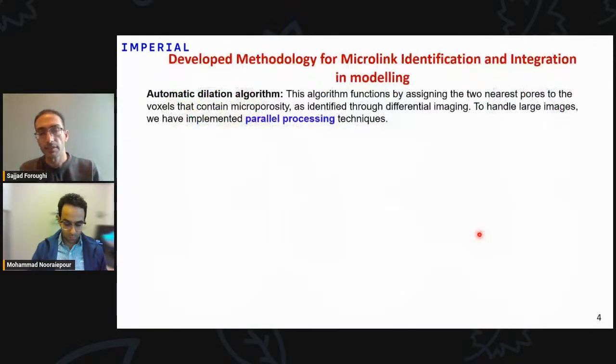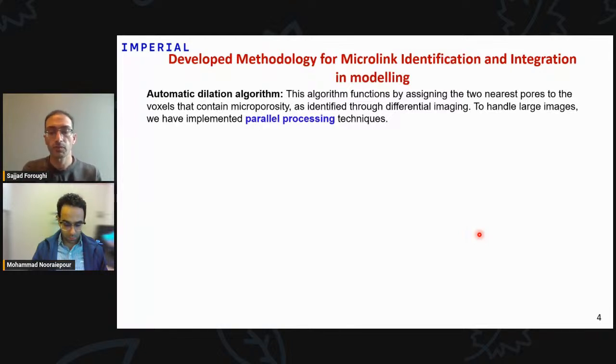In the development of this workflow, as I said, we need to include this sub-resolution porosity as a microlink in our pore network modeling. For this, we developed an automatic dilation algorithm that finds, for each voxel with sub-resolution porosity, the two nearest pores.